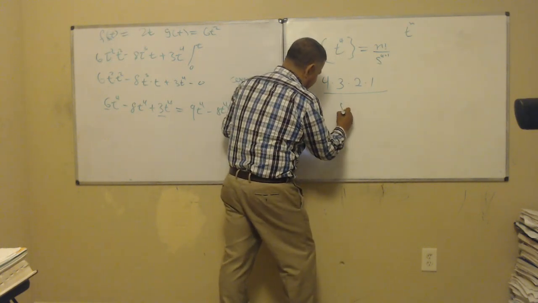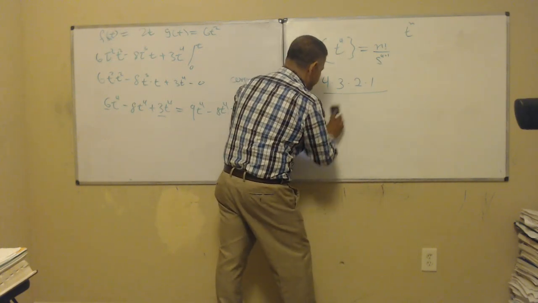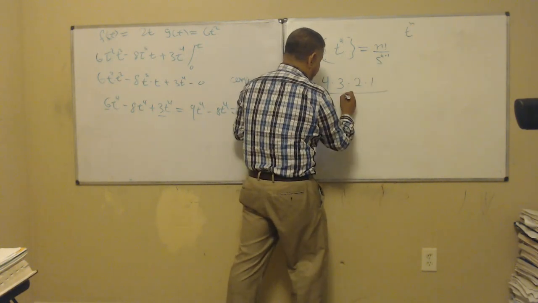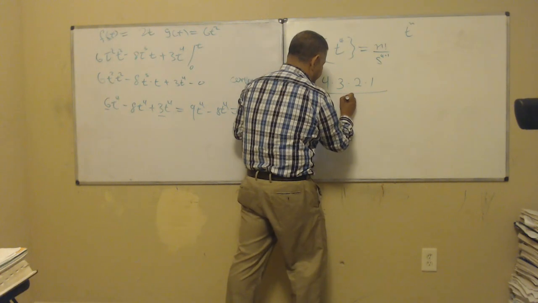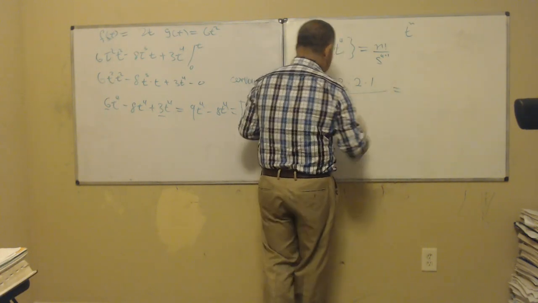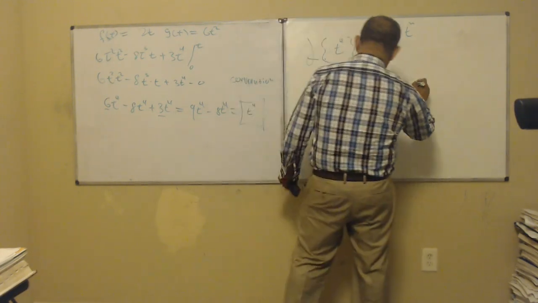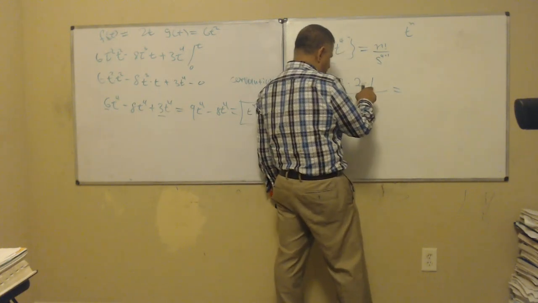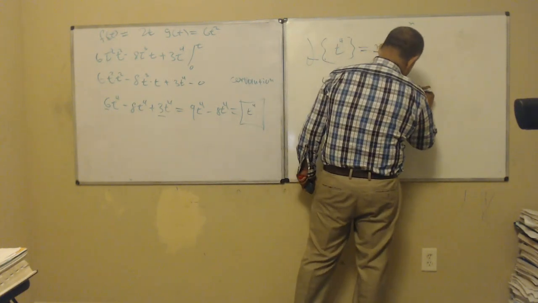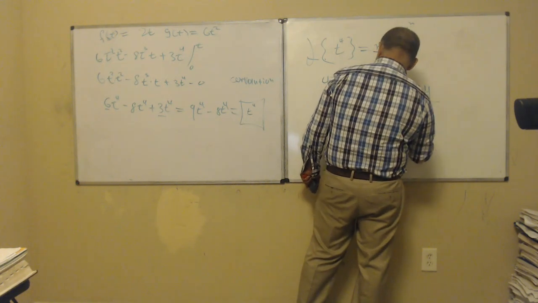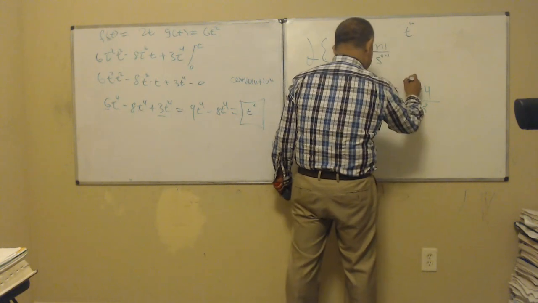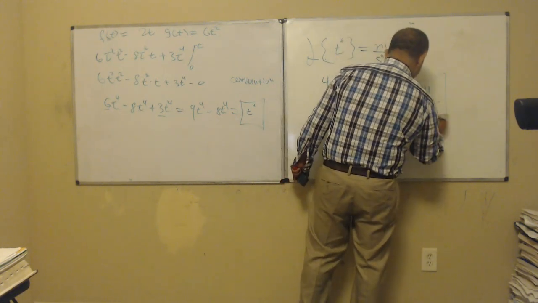Now right here, I get s in the bottom, 4 plus 1 is 5, s to the fifth. So it's equal to 24 over s to the fifth. That is the Laplace transform of this guy.